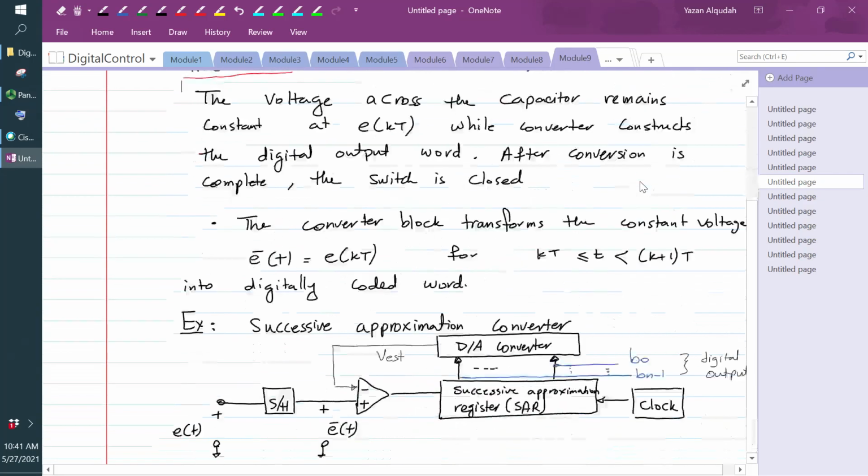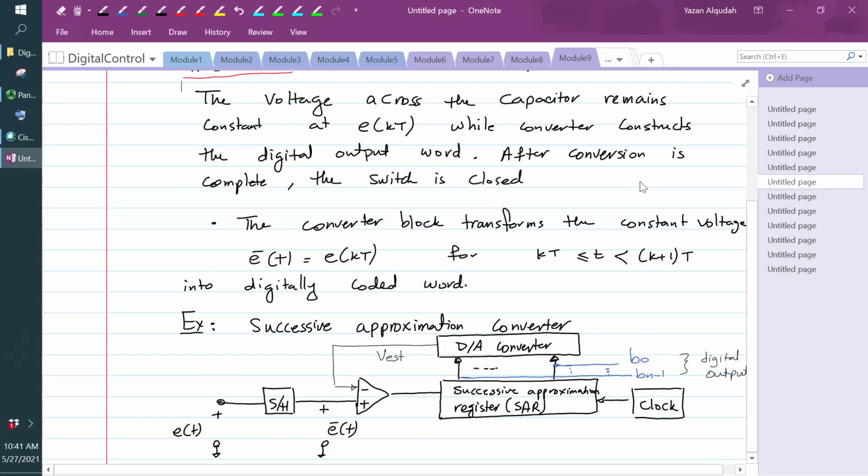Okay. So then, after the sample and hold block, we have the converter block. What the converter block is going to do is transform the constant voltage, E bar, that was across the capacitor into a digital code word.